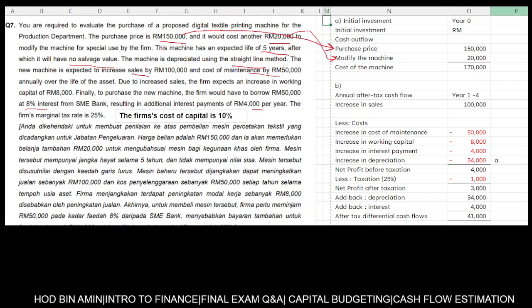and question B is, after we purchase the new machine, then we have to operate the machine, and we expect the sales will increase by 100,000.